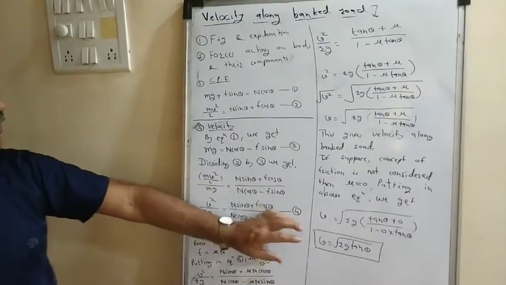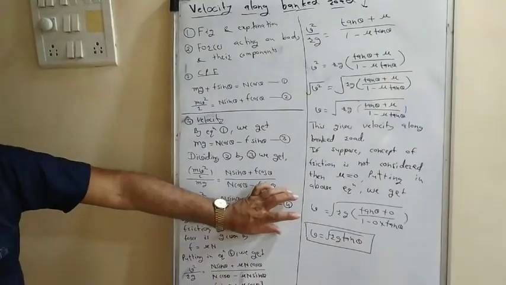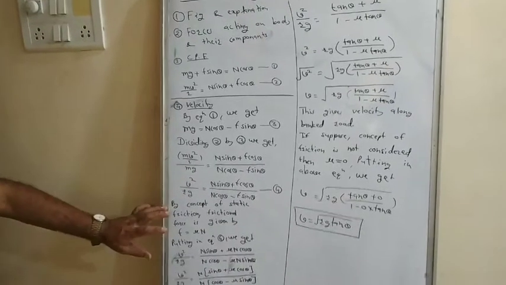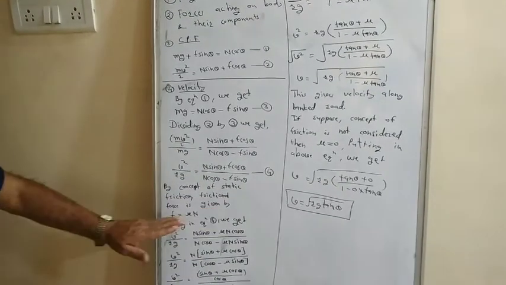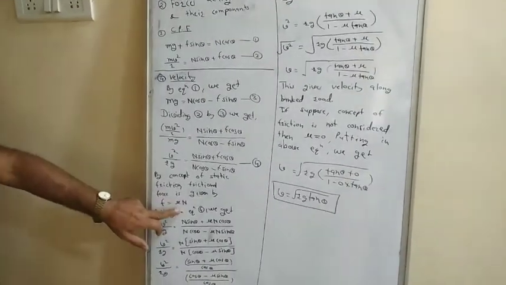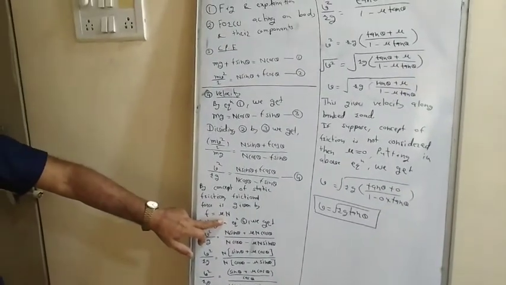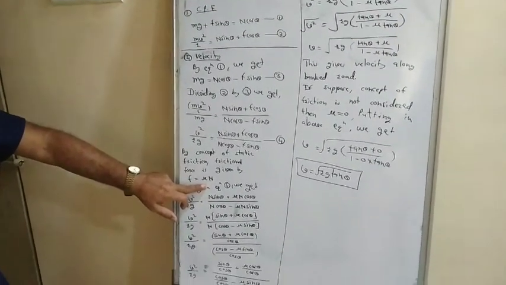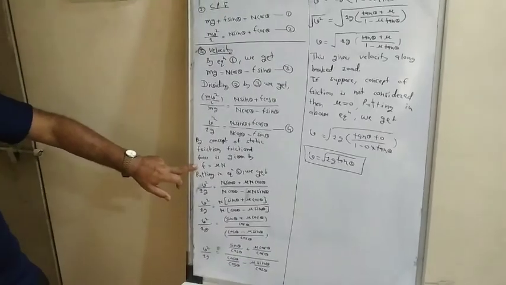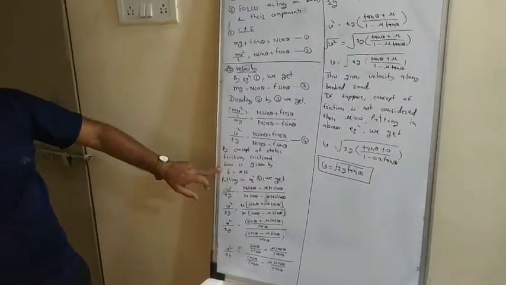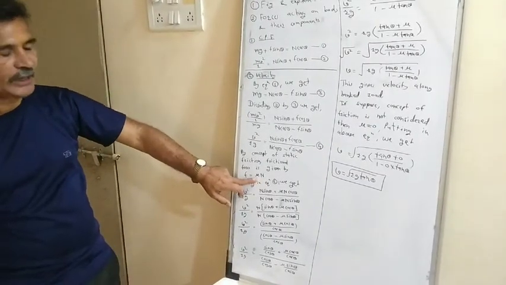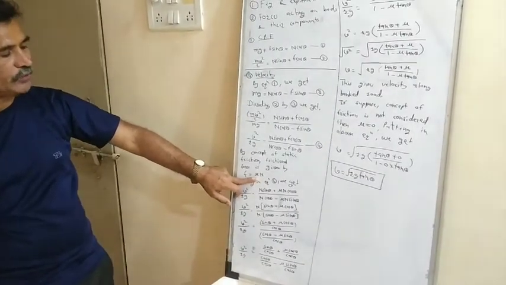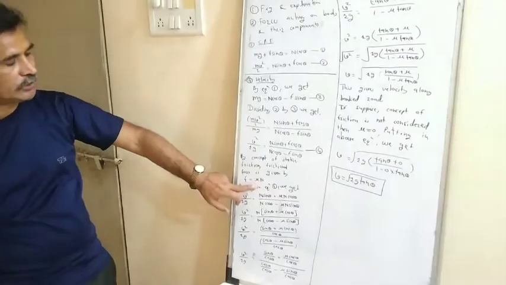Now in equation 4 we consider the concept of static friction, and by definition the frictional force is given by F is equal to mu into N. We have seen this part in the previous standard, 11th standard. We have seen the experiment also, static friction, and in that typical experiment we have seen the formula F is equal to mu into N. Mu indicates the coefficient of static friction, N indicates normal reaction.